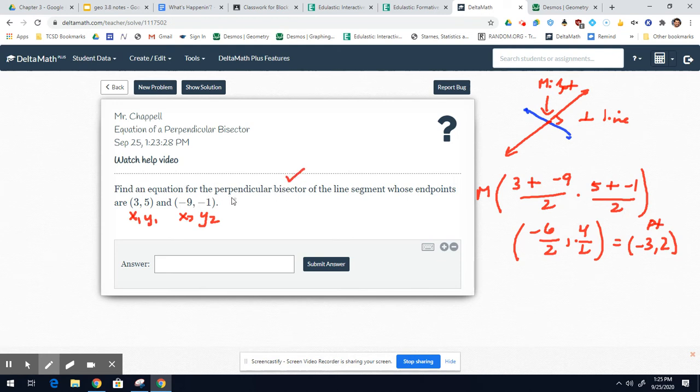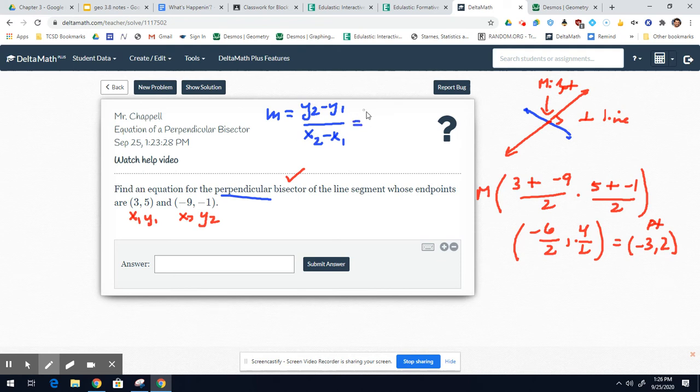So now, to get the perpendicular part, and I'll change colors, we need to find the slope between these 2 points. Now, I know I talked about slope is rise over run. I did not introduce or emphasize this formula. So slope is y2 minus y1, change in y over change in x, over x2 minus x1. I already have my points labeled, so just plug them in.